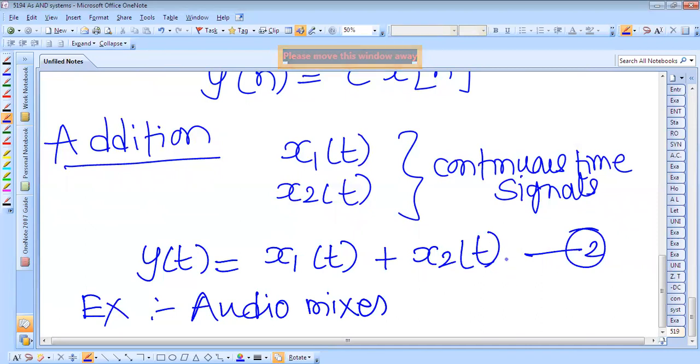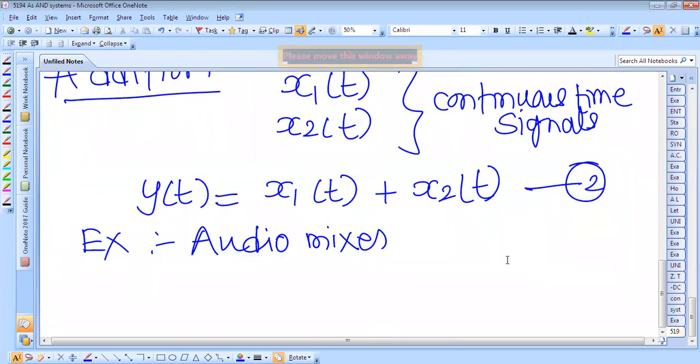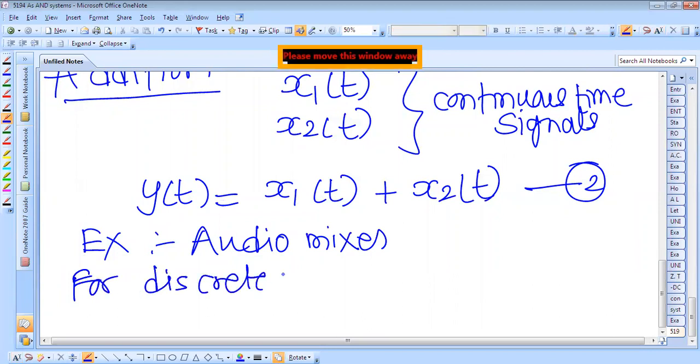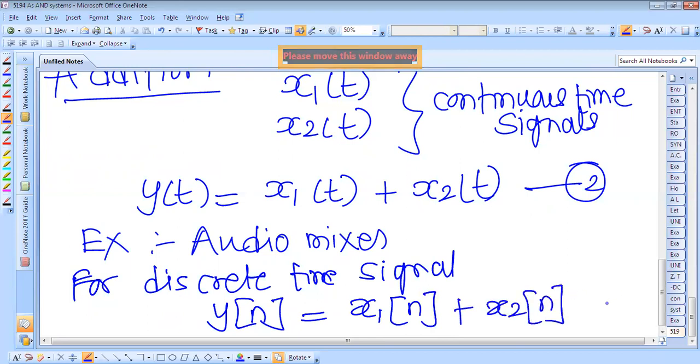We can also write this for discrete time signal: y of n is equal to x1 of n plus x2 of n.